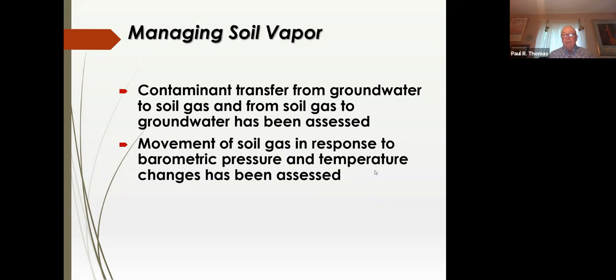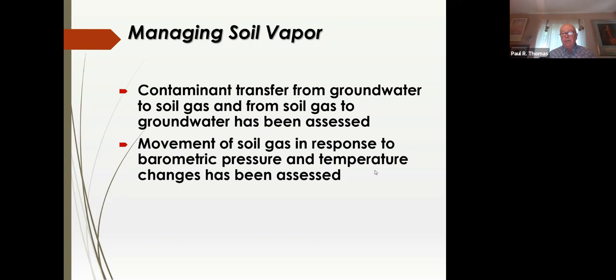I'm going to touch really briefly on managing soil vapor, because this is something that we're still working through pilot projects and demonstration and data collection on. But we're pretty excited about the potential for this, because there's a large issue with the need to remediate and control soil gases that are contaminated by organic vapors coming off of contaminated groundwater.